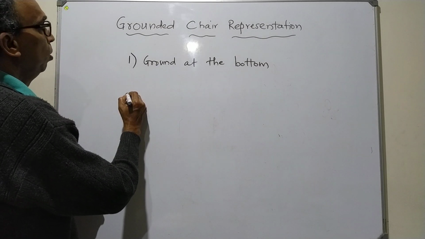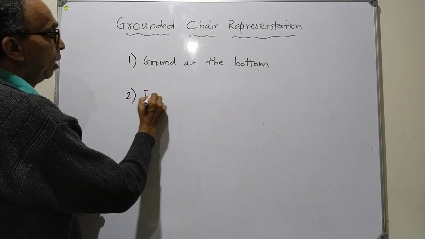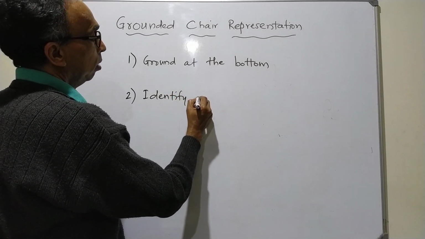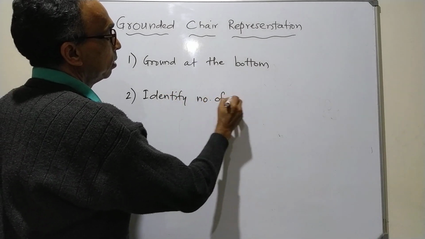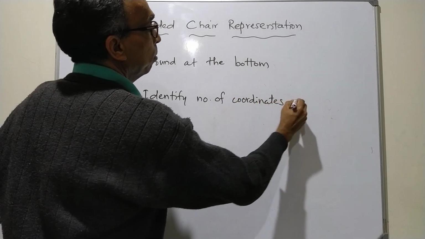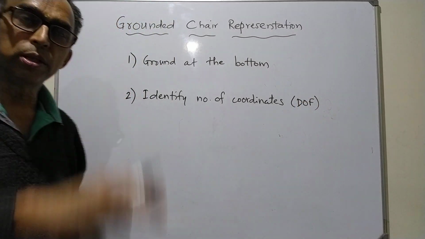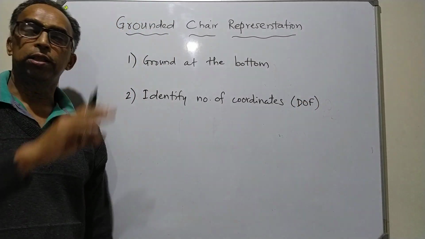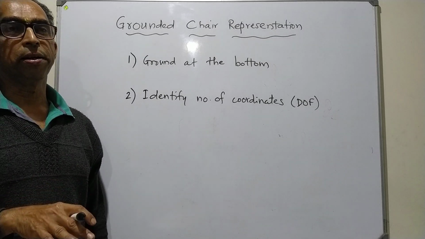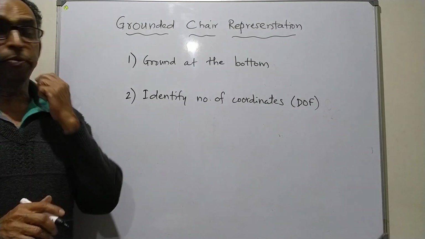Second important rule, identify the number of coordinates. Coordinates means degrees of freedom. How many motions are there: x1, x2, x3, x, y, z, w, whether it is a single degree of freedom system, a 2 degree of freedom system or a 3 degree of freedom system.